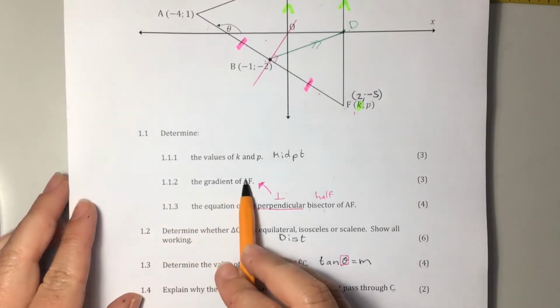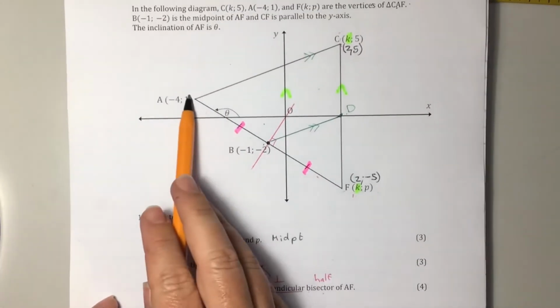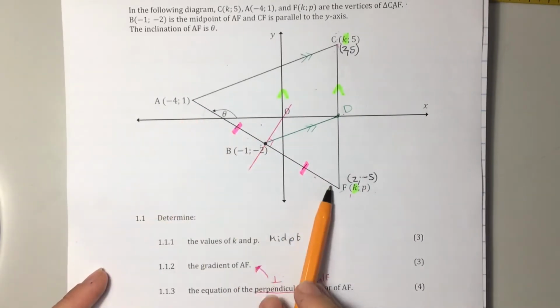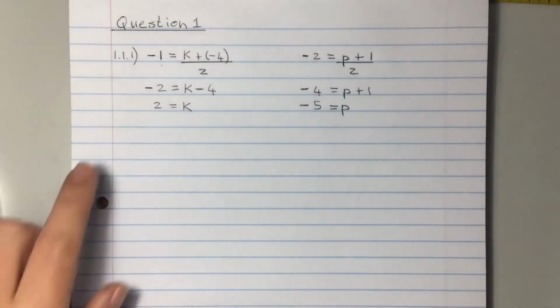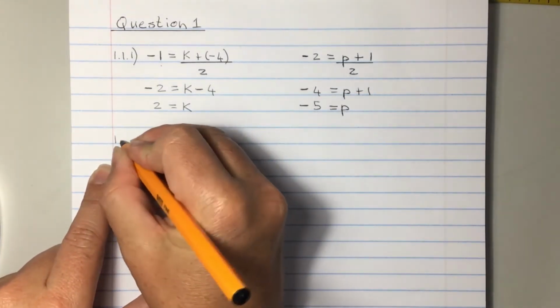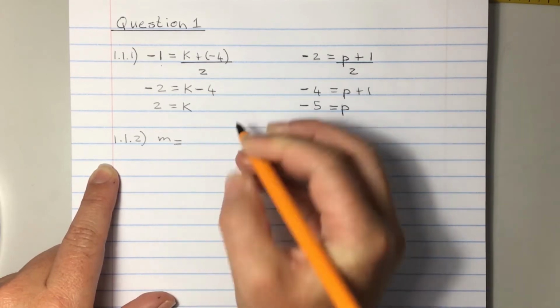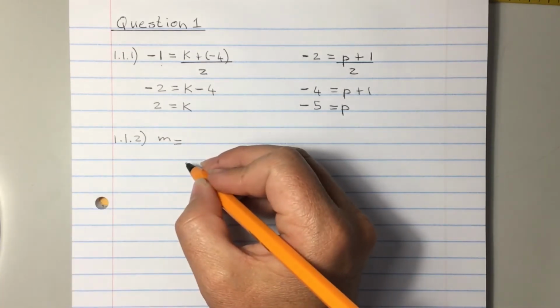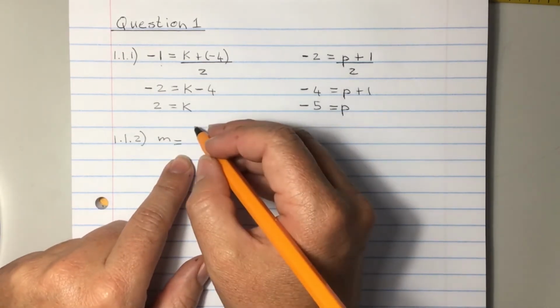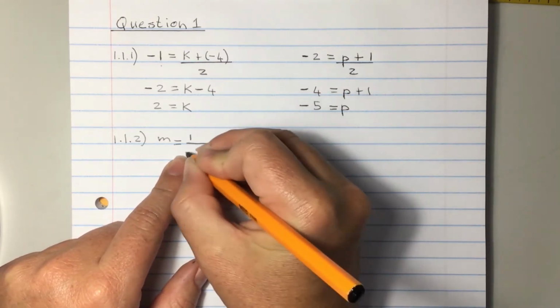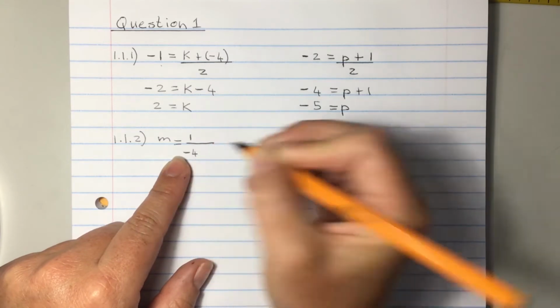1.1.2, we need the gradient of AF, and we have 3 different points that we can use. I'm going to use point A and point F. So gradient is represented by a small m, and it is the change in y over the change in x. So I'm going to put the y value over its corresponding x value in a point.